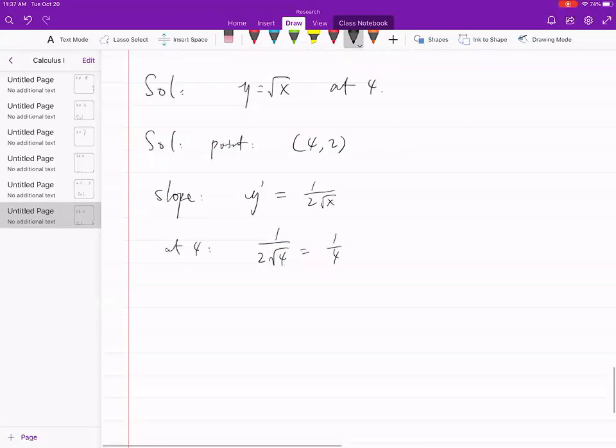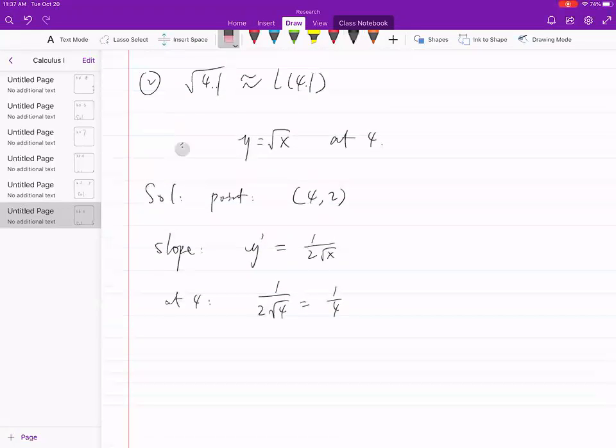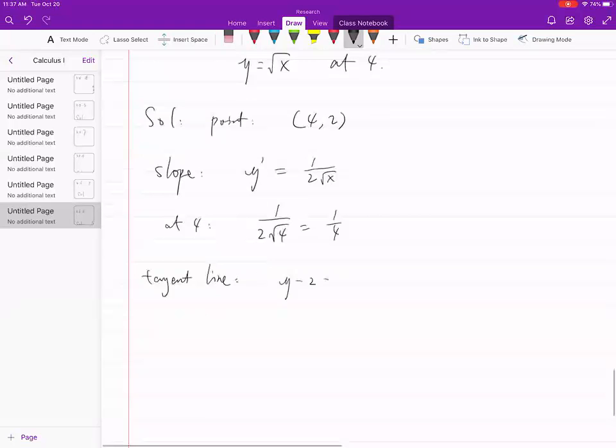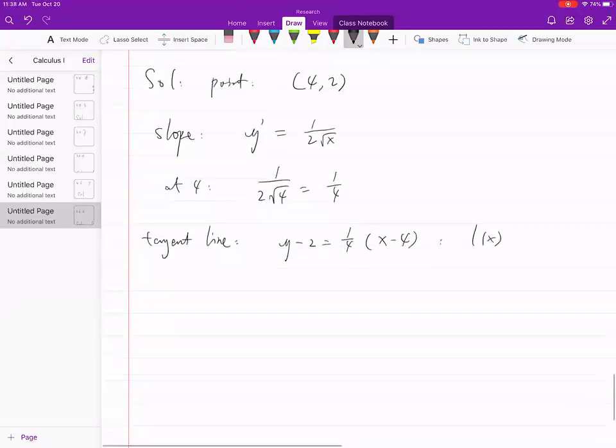So together, the tangent line, that's my L(x). Still okay? Now I'm going to use L(4.1), which is super easy to compute.